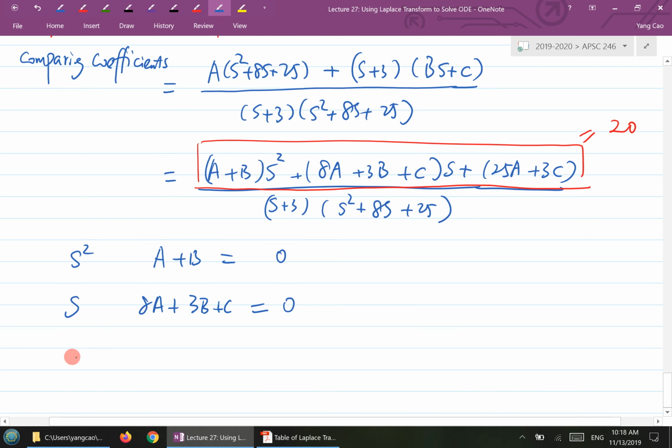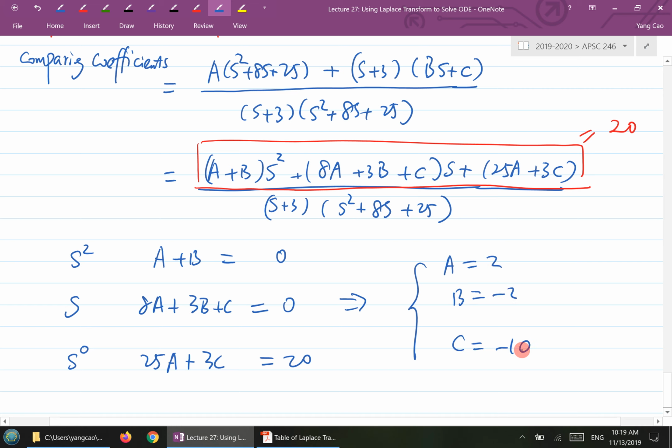The last one is the coefficient for s to the power 0, which is 25a plus 3c. Now this one is equal to 20. So 3 equations, 3 unknowns. Use substitution to solve for a, b, c. So a is 2, b is negative 2, c is negative 10.